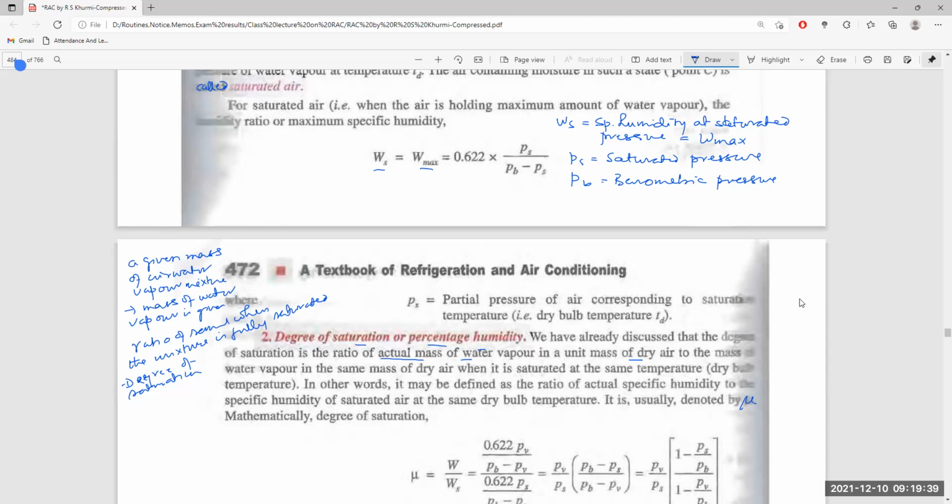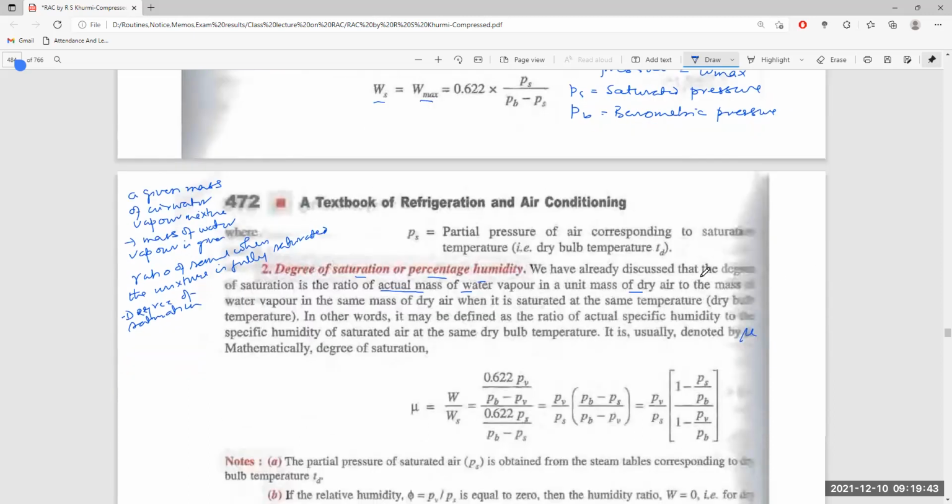If we write the respective equations, it is 0.622 PV divided by barometric pressure minus PV, divided by 0.622 PS divided by barometric pressure minus PS.